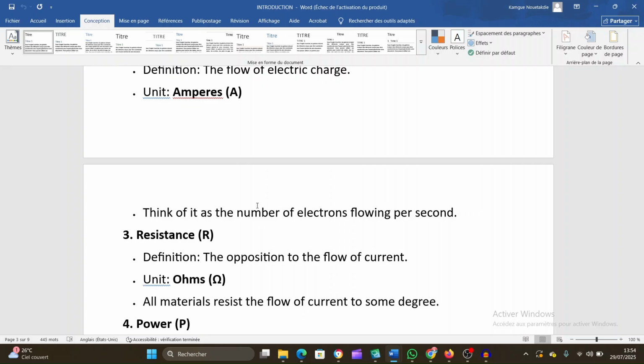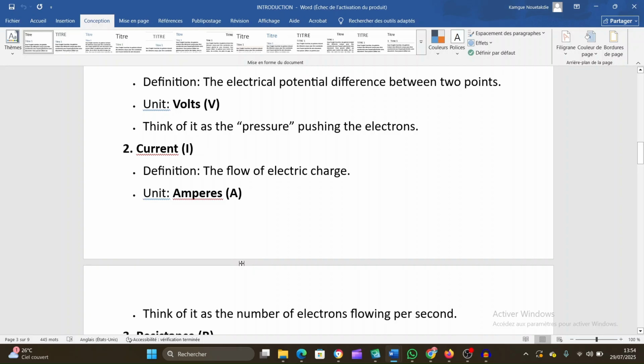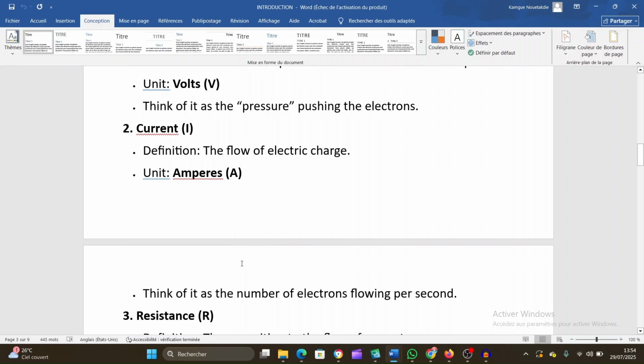So it is the opposition to the flow of current. If the current is flowing from point A to point B, the resistance will be opposing the flow. That's resistance. And the unit of this quantity is ohms.